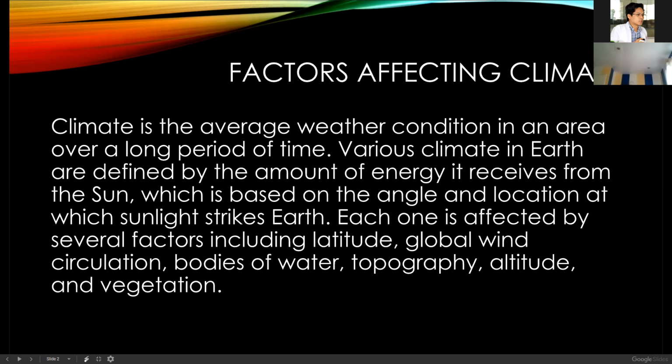So there is a distribution of light and heat, and the amount of energy is not equal across the different parts of the globe, which is based on the angle and location at which sunlight strikes Earth. Each one is affected by several factors including latitude, global wind circulation, bodies of water, topography, altitude, and of course vegetation.